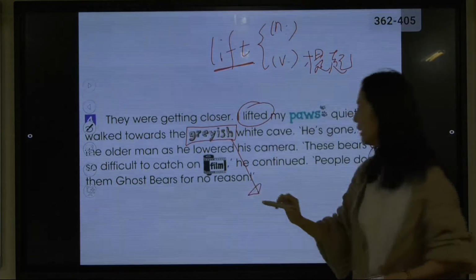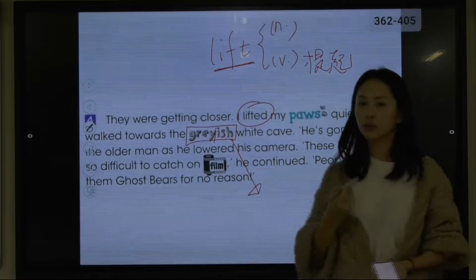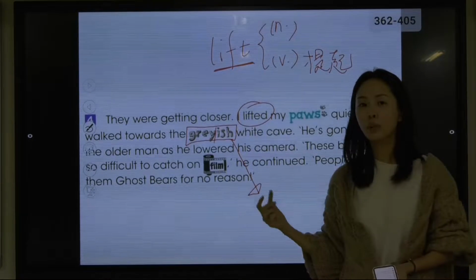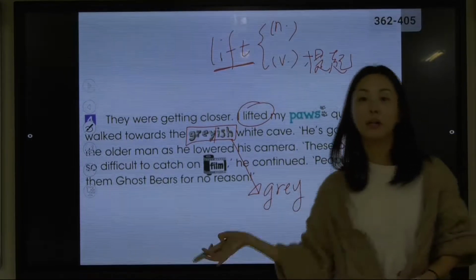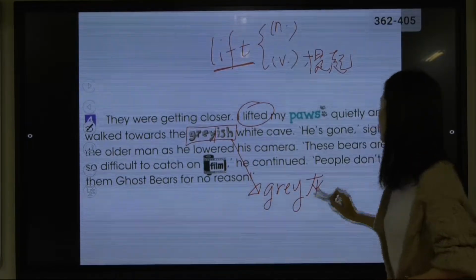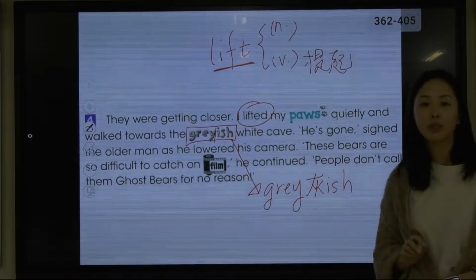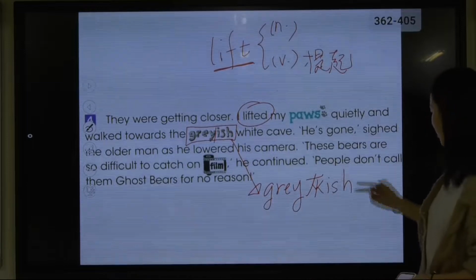Okay, lift my paws quietly and walk towards the grayish white cave. This one is very common and very easy to use actually. Okay, so when we talk about, do you know the color gray? Between white and black. So when we add ish, it talks about a bit of gray, okay?